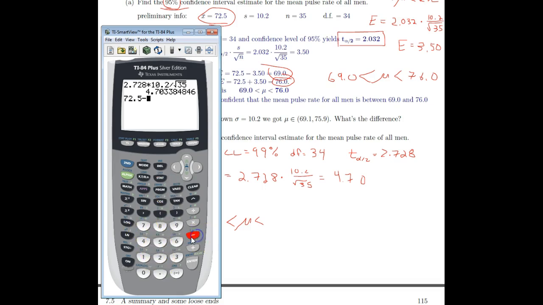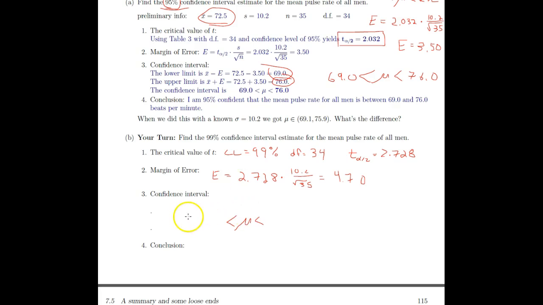So 72.5 minus 4.7 and 72.5 plus 4.7. All right, so our boundaries are going to be 67.8 and 77.2.